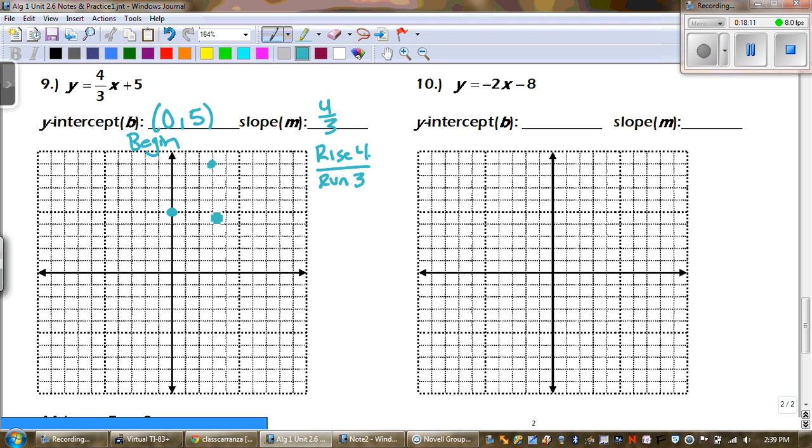So that's why we need to know how to do the exact opposite. 1, 2, 3, 4. The key thing is when I'm plotting these other points, that my graph is still rising. I know that it's a positive slope, so that tells me that no matter what, my line should be positive.